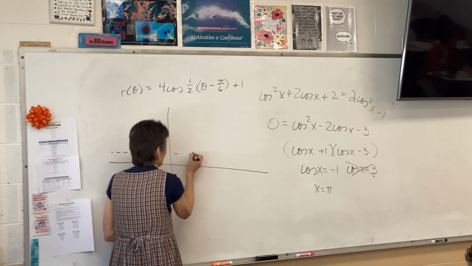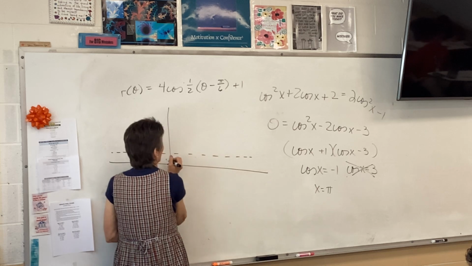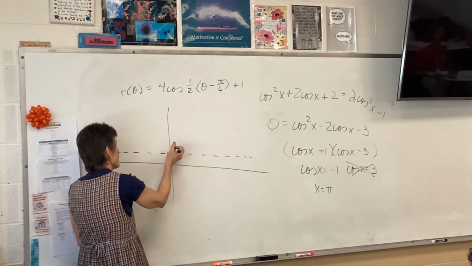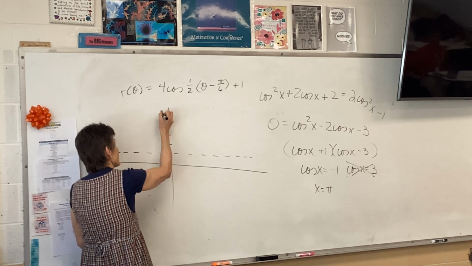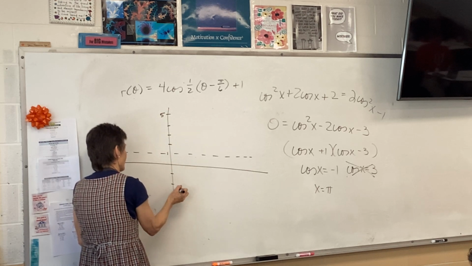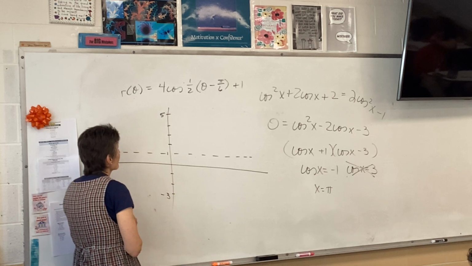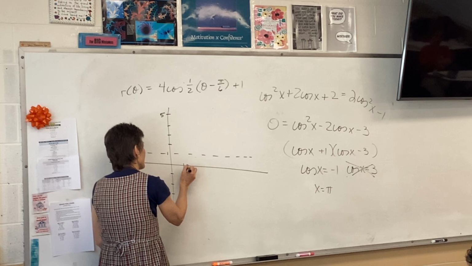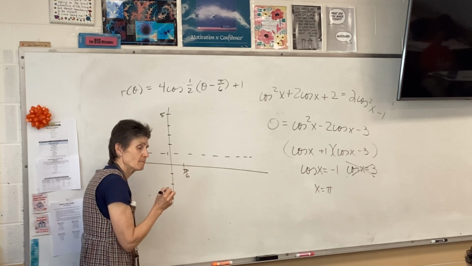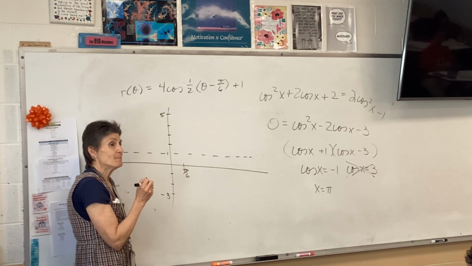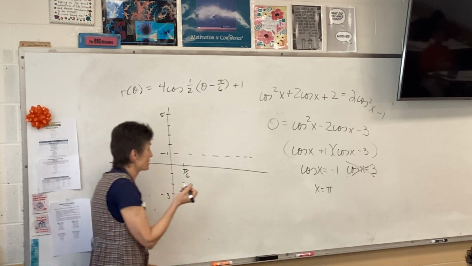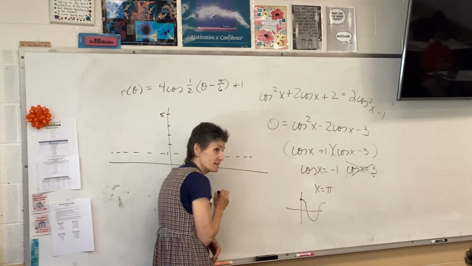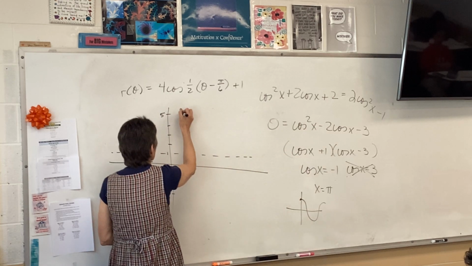So I got a midline or vertical shift of 1. An amplitude of 4, so 2. So it's gonna be 5, -3. A phase shift of pi over 6. So that means what normally happens with a cosine at 0 now happens at pi over 6.